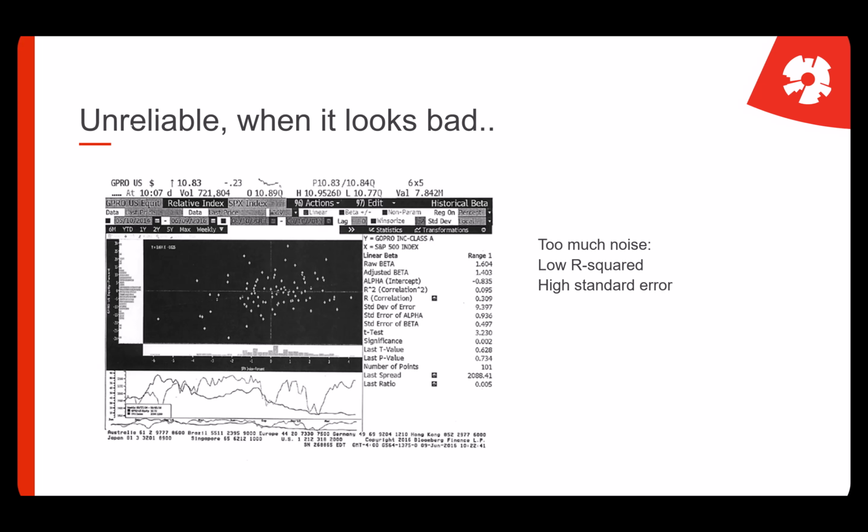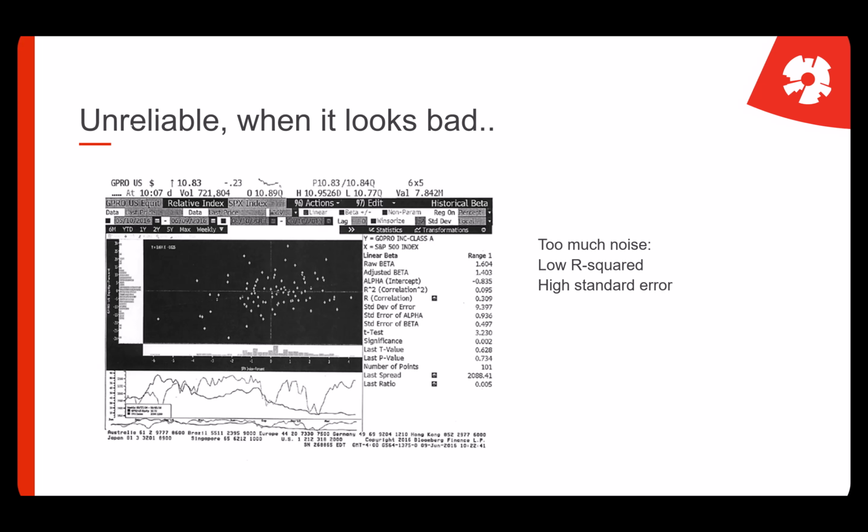Here we see an example of why the regression-based beta can be unreliable. We see a very low R squared. This tells us that the overall market explains only a small fraction of the variation in this stock's return. In other words, most of the stock movements are company-specific noise rather than market-driven.